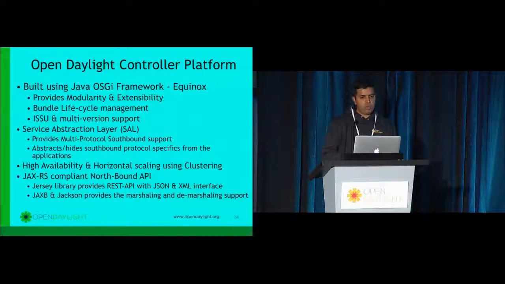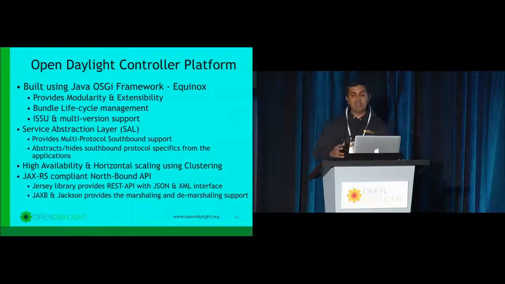OSGI provides modularity and extensibility, which is one of the most important requirements for any enterprise software, right? If you write a non-enterprise thing, it's more of a POC. We can do without OSGI. We can just write a raw Java application, write multiple jar files, put them together and run it as a controller.